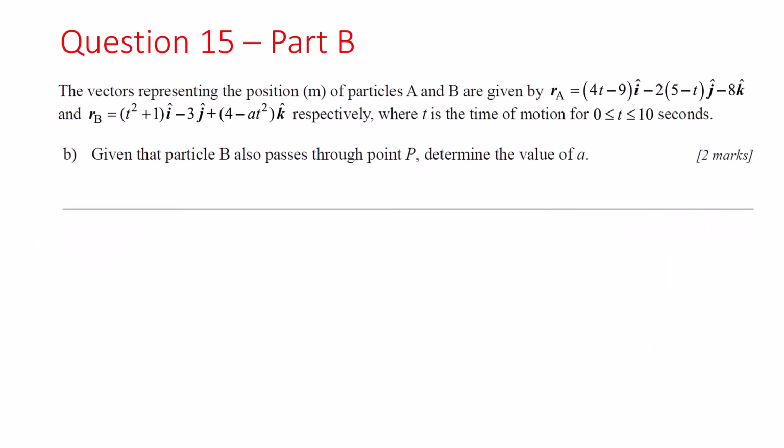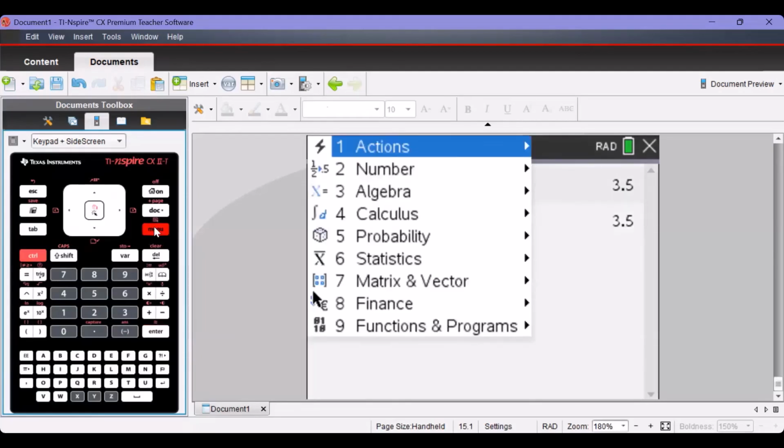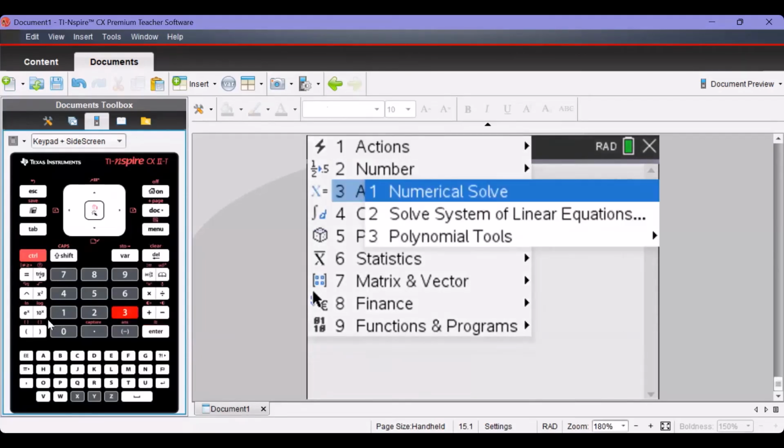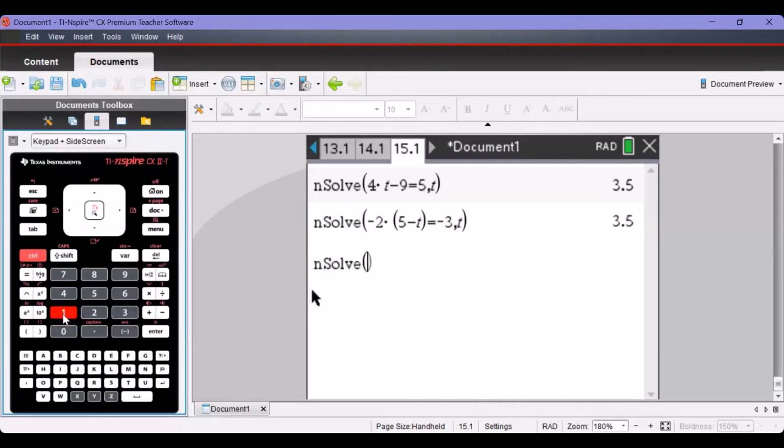Okay. In part B, given that particle B also passes through point P, determine the value of A. So in this instance, we press menu, 3 for algebra, 1 or enter for numerical solve. And this time, we'll equate the I component of vector RB.